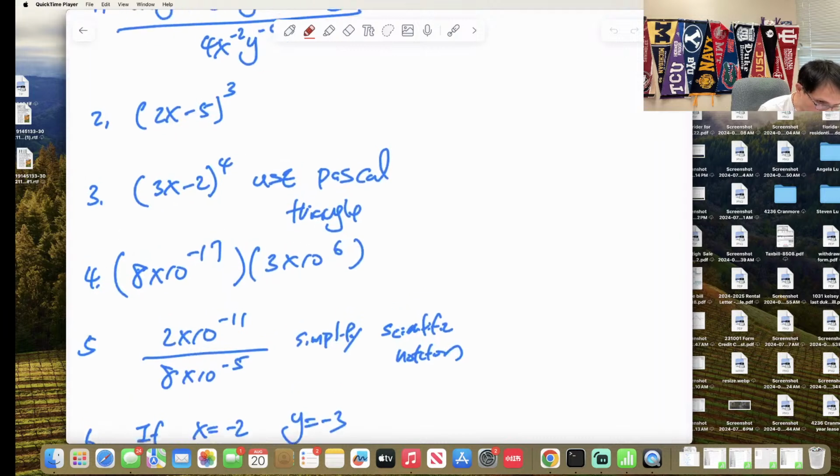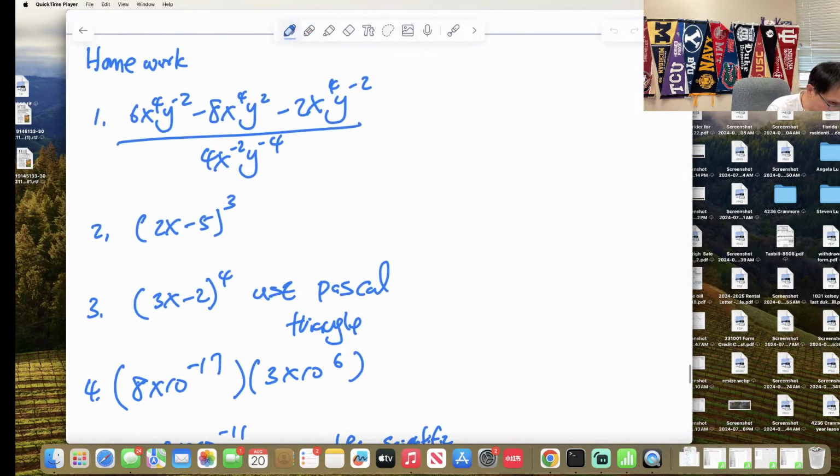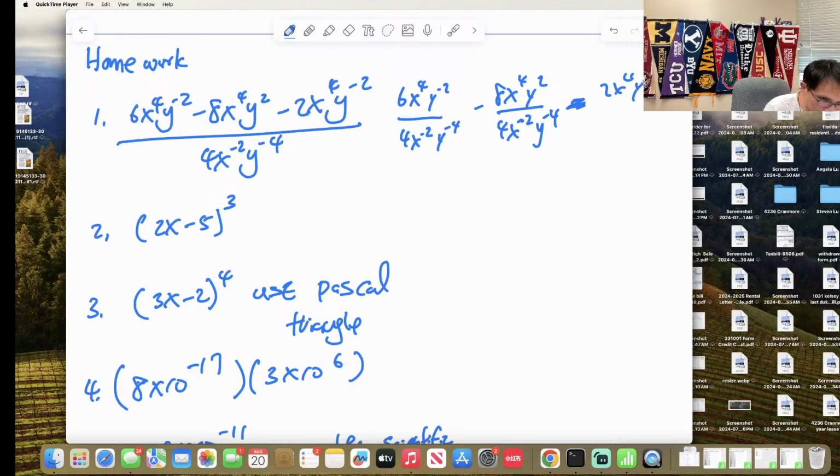Okay, so for one, just split up all the things. That's gonna be the first step, and this is the exact same type of question that you're gonna get next year. It's y to the negative 4 minus 2x to the 4th y to the negative 2 over 4x to the negative 2 y to the negative 4.